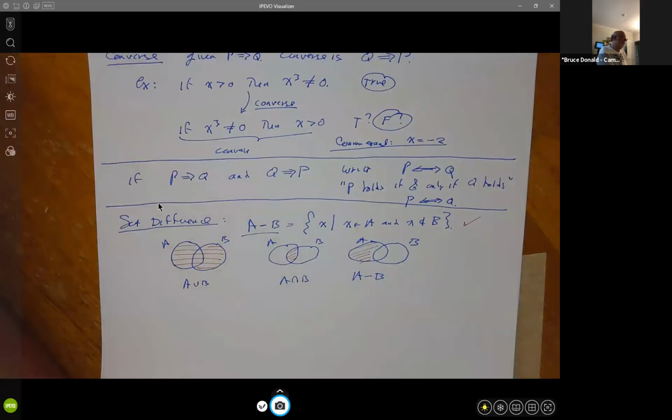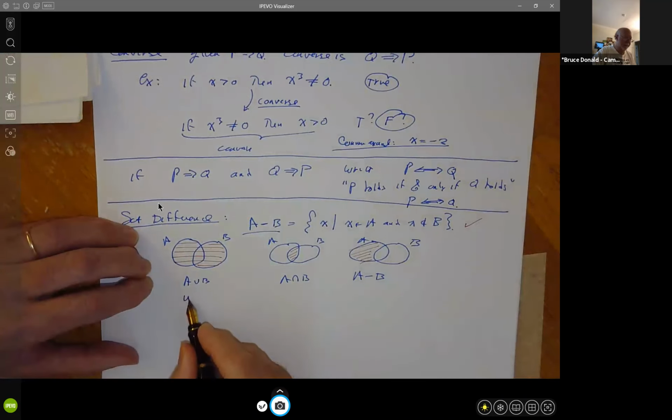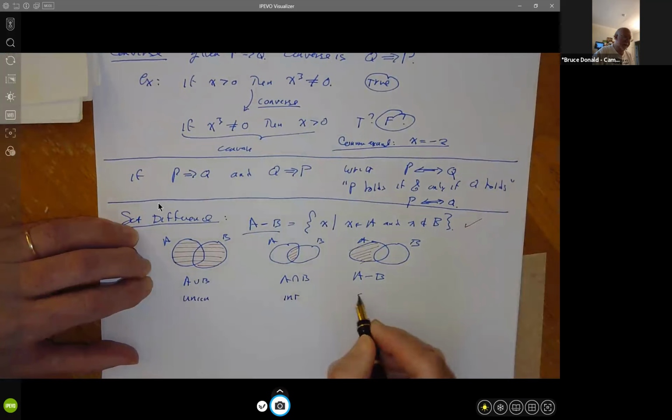Now, as you've seen for if-then statements and for logic, there are rules for these things, and sometimes the rules give you interesting theorems. There are also rules for set theory. So given several sets, you can apply operations to form new sets. So we can apply the set theoretic operations, namely union, intersection, and set difference.